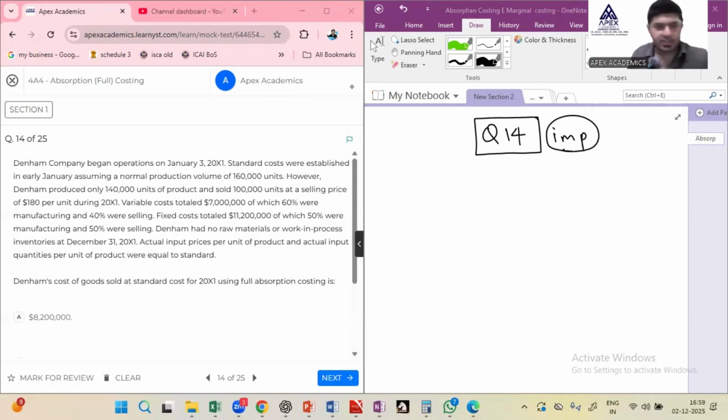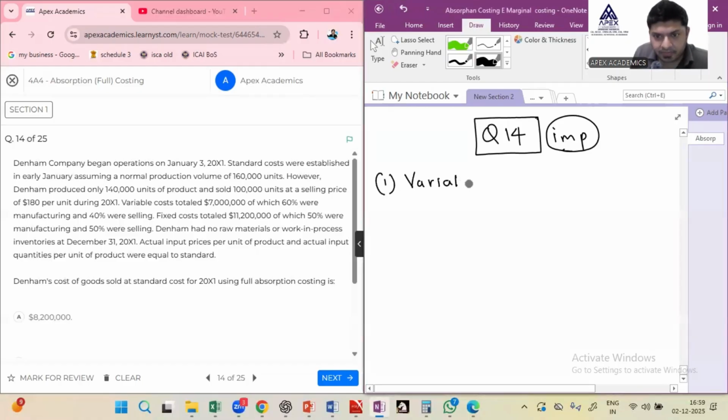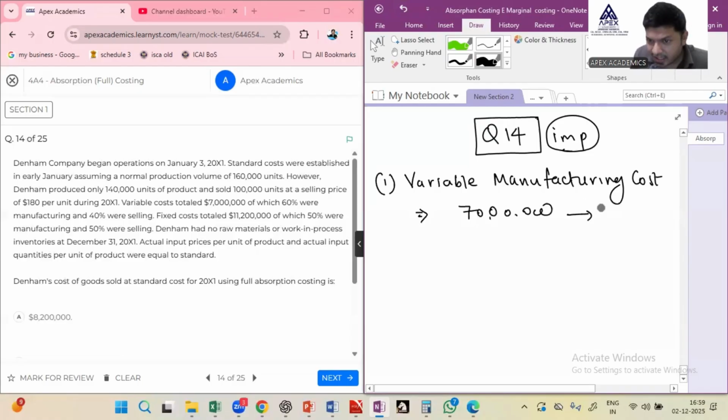Now please try to understand. My statement number 1. My variable manufacturing cost is how much? 70 lakhs is my total variable cost.